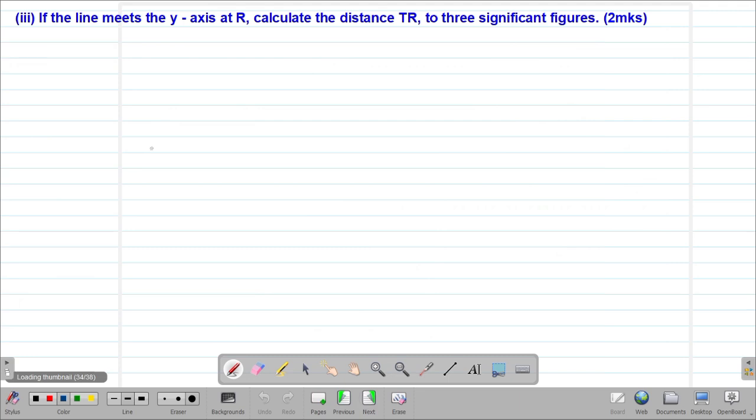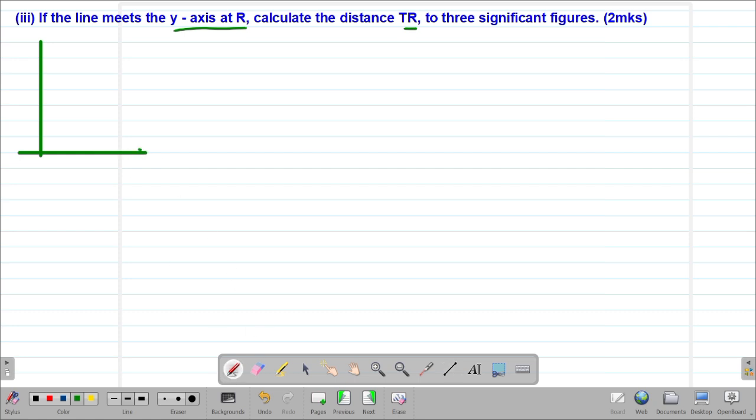Then we check Roman 3 of the question, which states that if the line meets the y-axis at the point R, calculate the distance TR to 3 significant figures. So I'm told that the line is meeting the y-axis. If I let this be my y-axis, then I have my x-axis here.